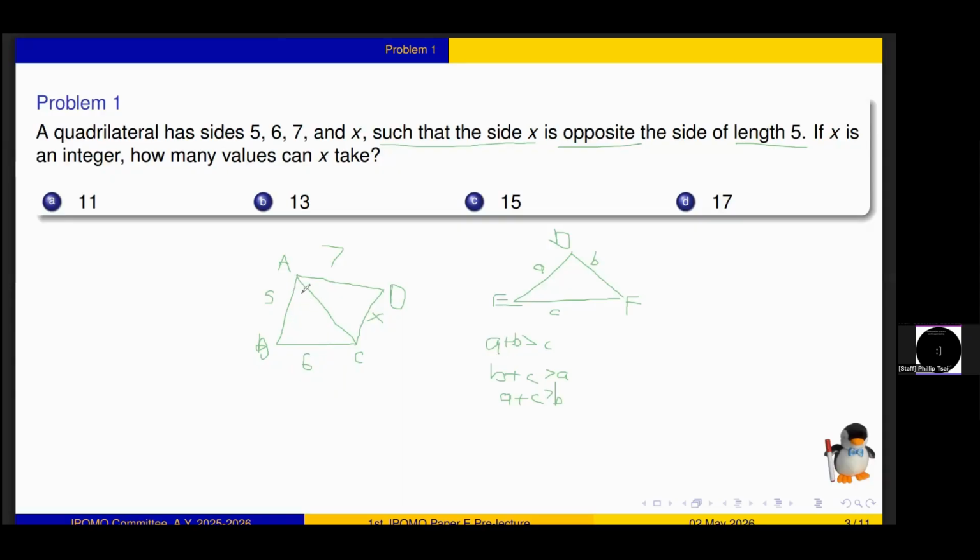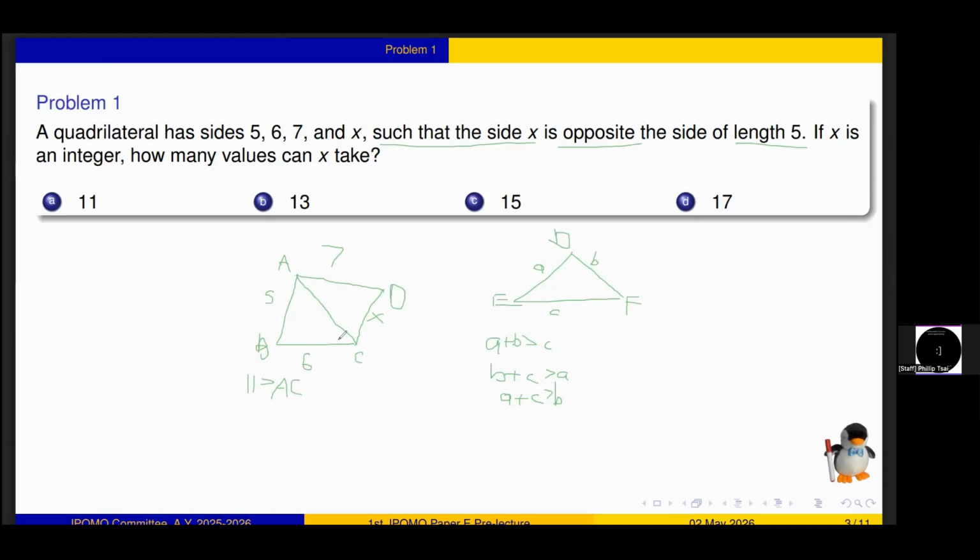So in that case, we know that 11, which is 5 plus 6, is greater than AC. The reason I didn't put the greater or equal sign is because this figure is a quadrilateral, and we usually don't include quadrilaterals with degenerate triangles because they don't look like quadrilaterals.